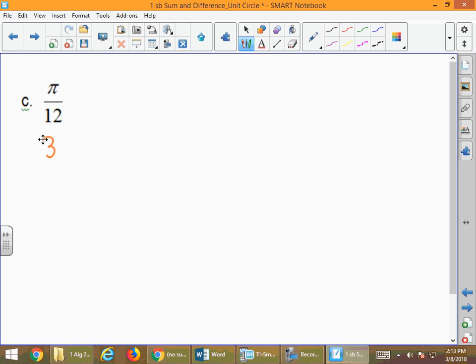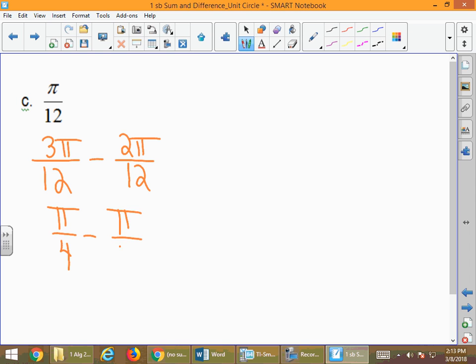Once again, let's have a common denominator. 3 pi over 12 minus 2 pi over 12 seems easiest, and in fact I couldn't come up with adding personally. The 3 pi over 12 simplifies to be pi over 4, and 2 pi over 12 is pi over 6, and we are absolutely familiar with both of those values.